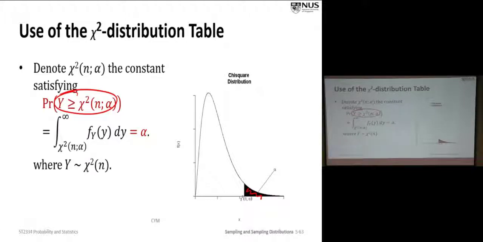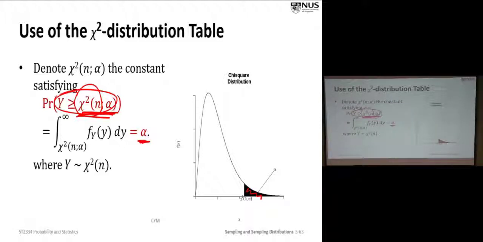When I write chi-square n alpha, this refers to a constant, this point, such that a chi-square random variable with degrees of freedom n is greater than this value with probability alpha. That's what we mean by this point.